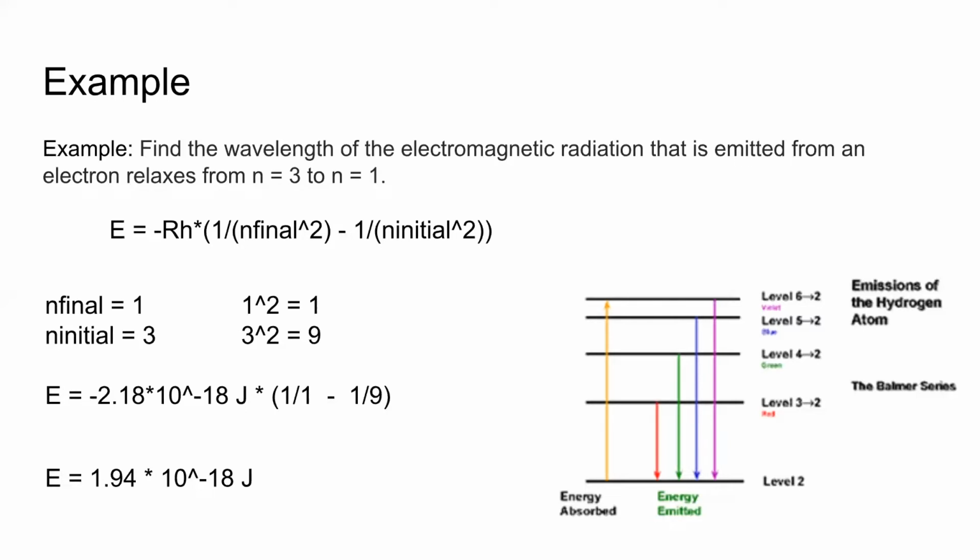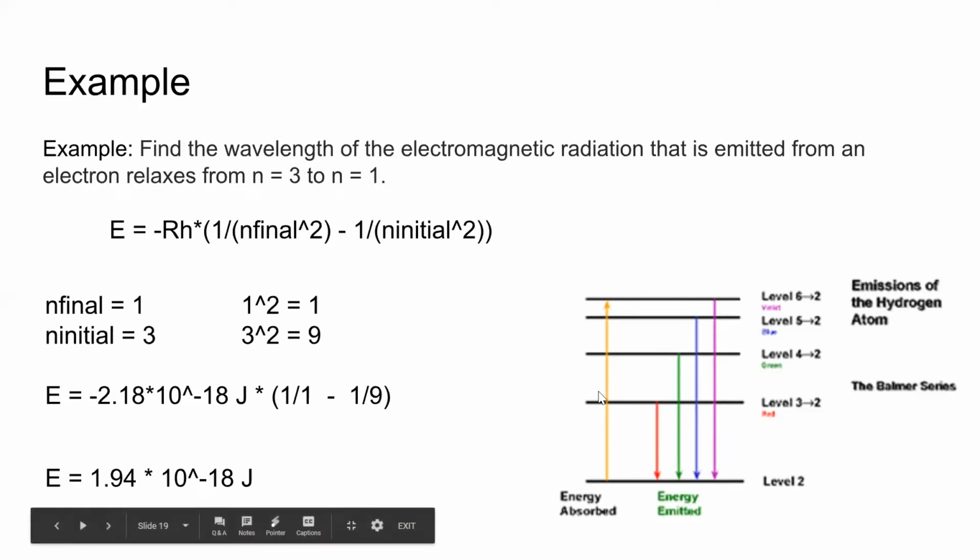In order to do that, you need to remove some energy from the electron. When something is losing energy, we put a negative sign to represent a loss of energy. So this should be a negative sign right here.